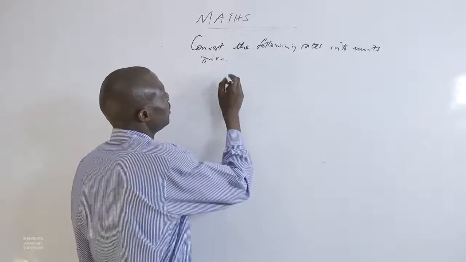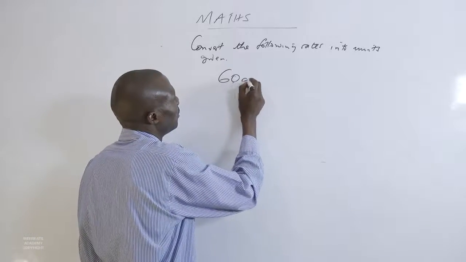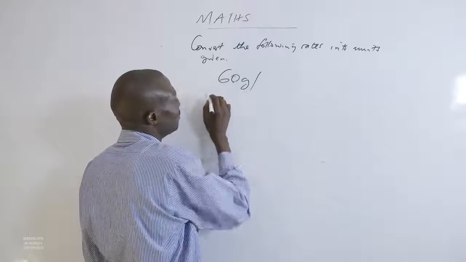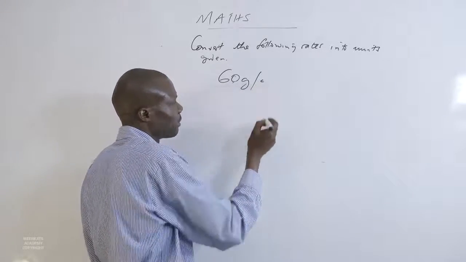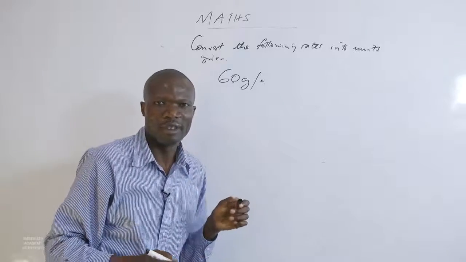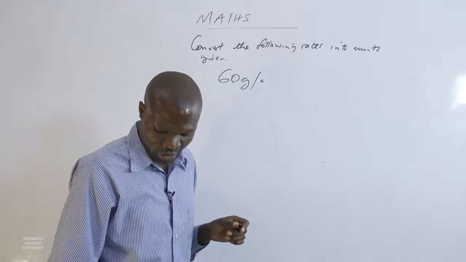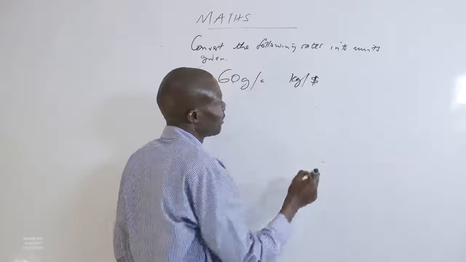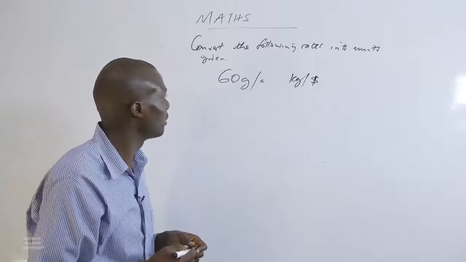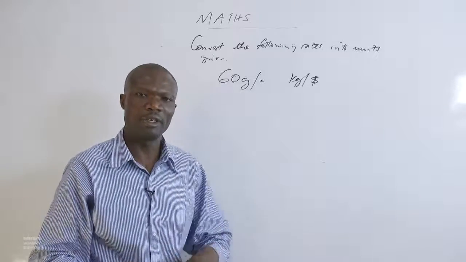We have 60 grams per cent. We want to convert this one to kilograms per dollar. This is an interesting one. Kilogram per dollar.